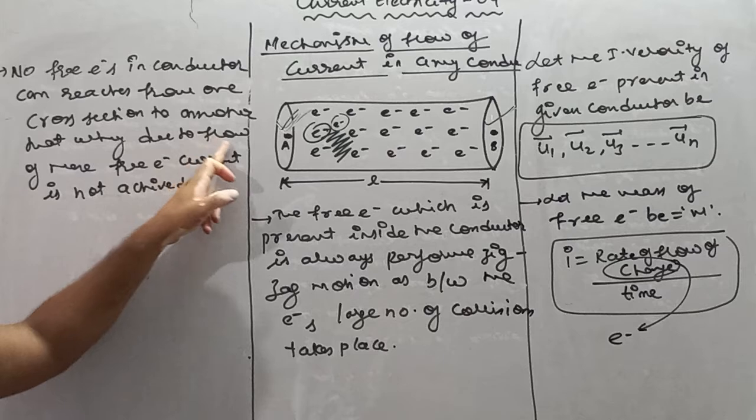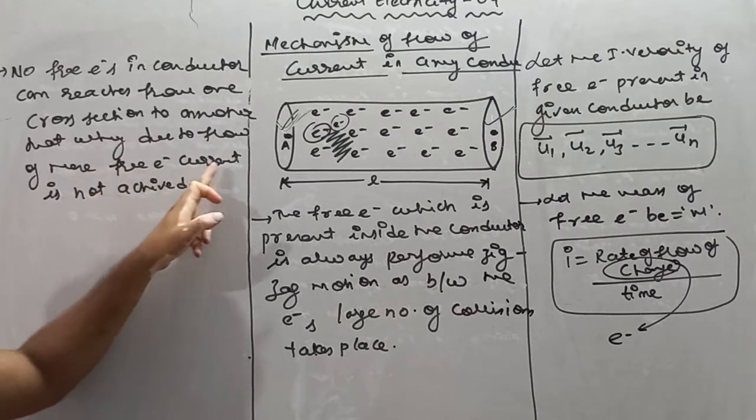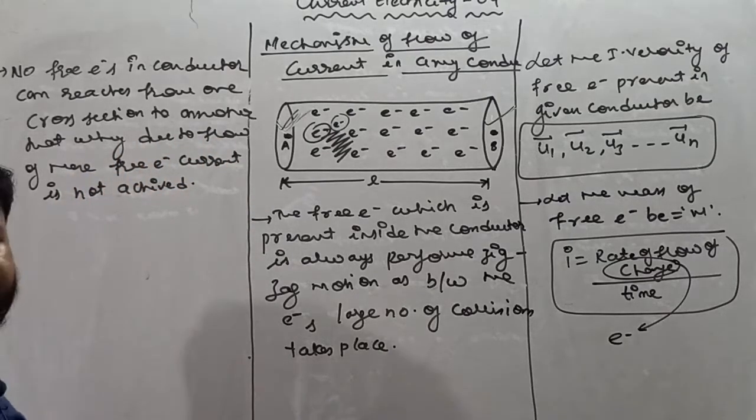That's why, due to the flow of these free electrons, current is not achieved.